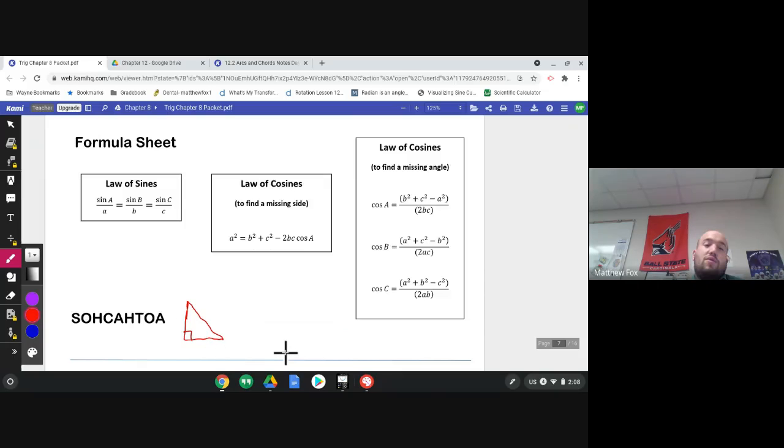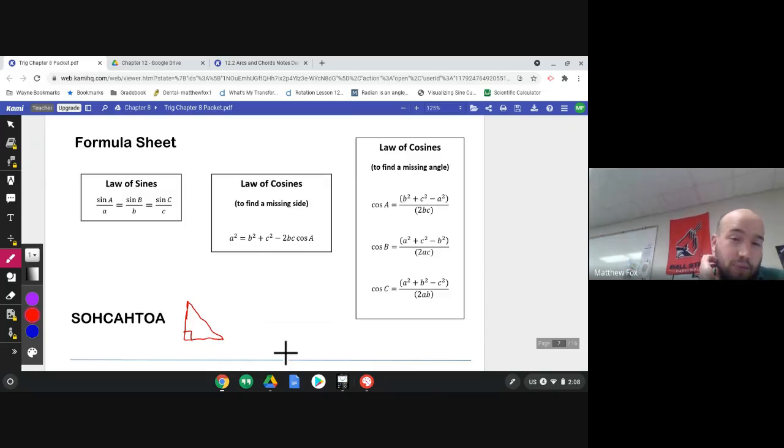Now, if we don't have a right triangle, depending on the situation, we'll use either the law of sines or the law of cosines. Say we have a triangle that is not right, with an A here, a B there, 20 degrees here, and say this side is 5 and this is 8.